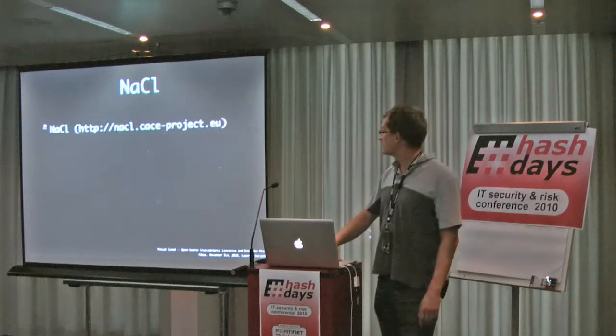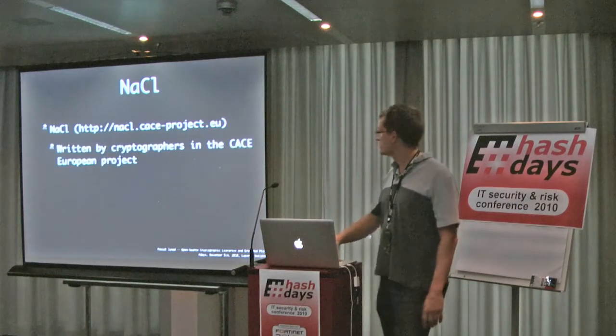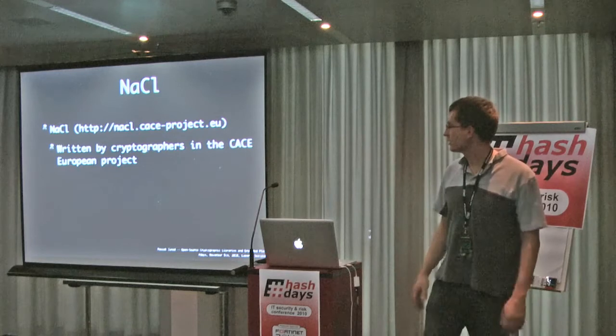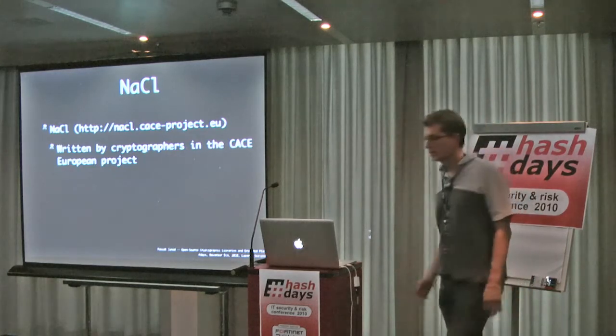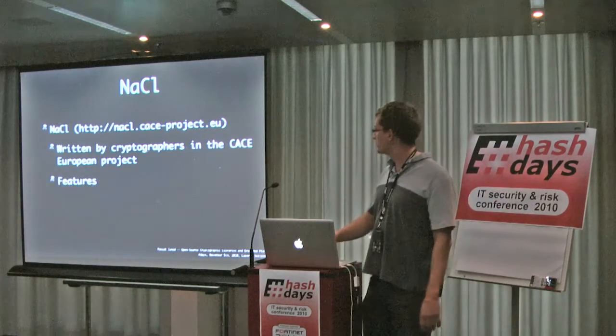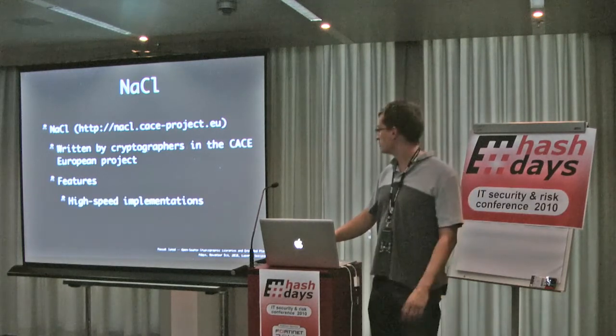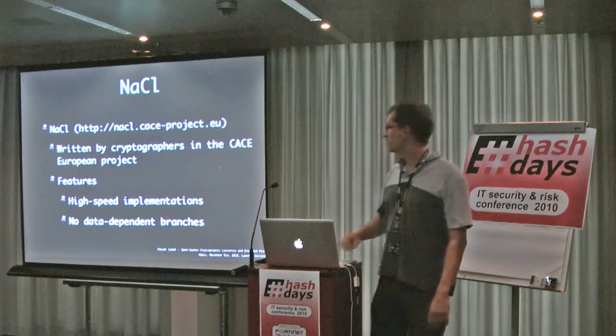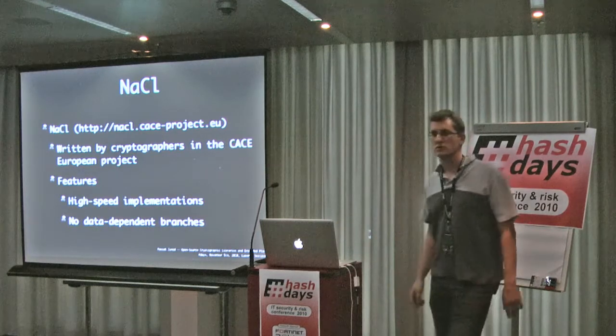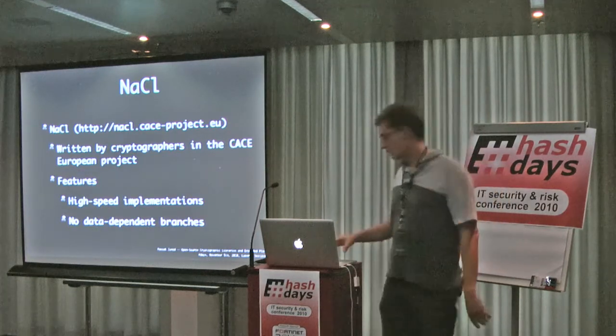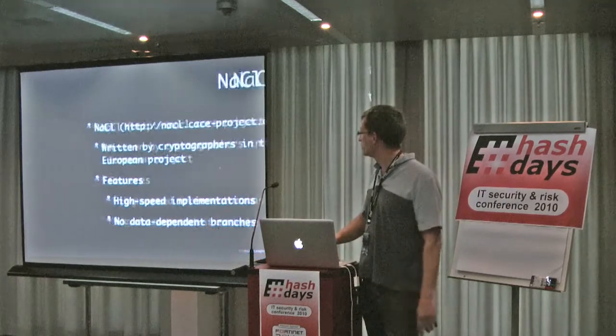NaCl is a library written by cryptographers during a European project. One of its features was to have a high-speed implementation. So it should ring a bell, but also no data-dependent branches. So some care has been taken to do a proper implementation.